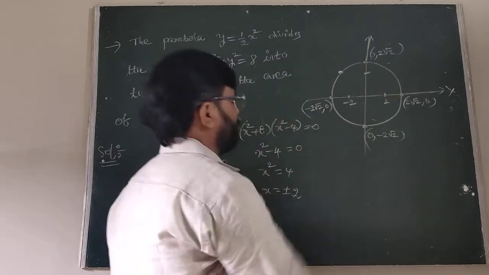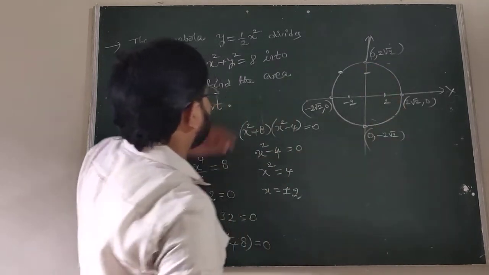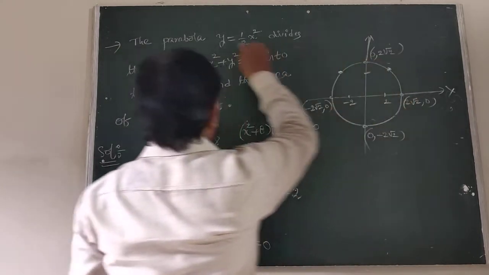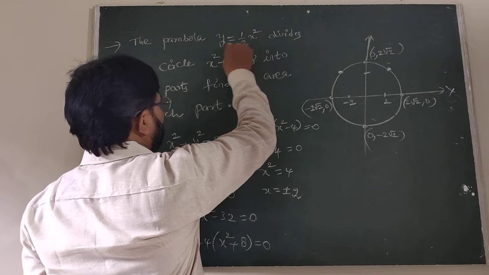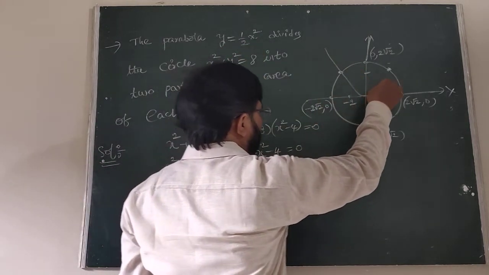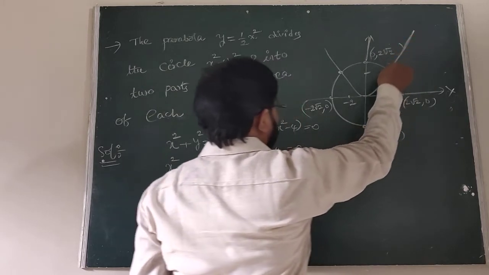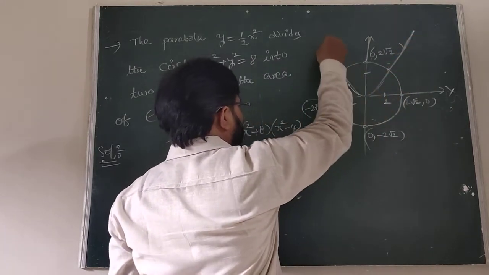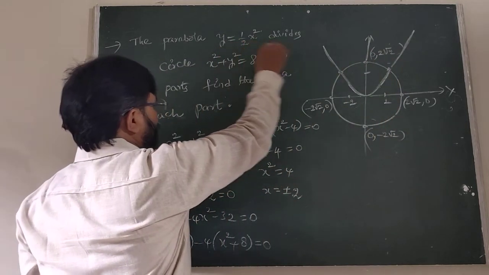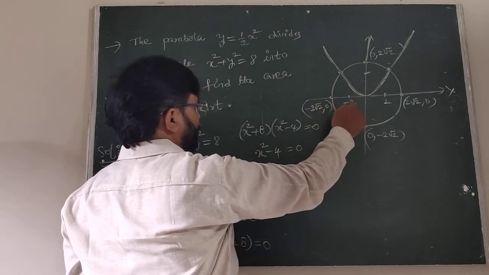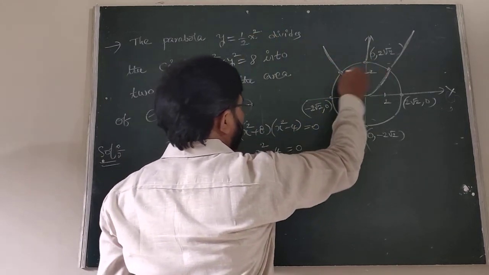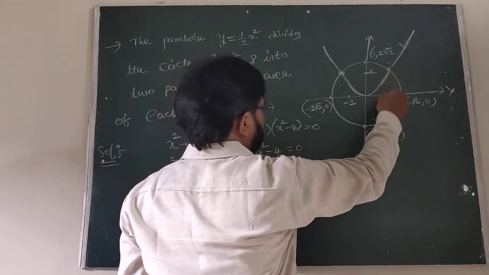Therefore, when we take 2, substitute: 4 by 2 is 2. Now I can put 0. This is x square equal to 4ay, so this parabola is also passing through the origin, since putting x 0, y 0 gives (0, 0). When we take x equal to minus 2, y equal to 2. Therefore, when x is 2, y is 2.